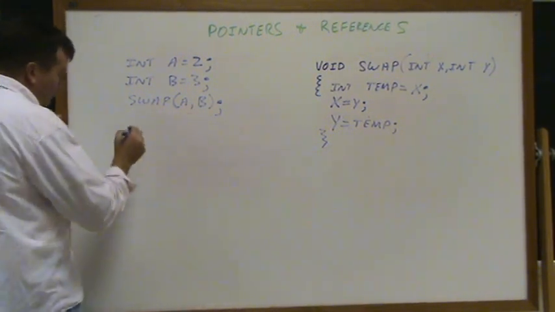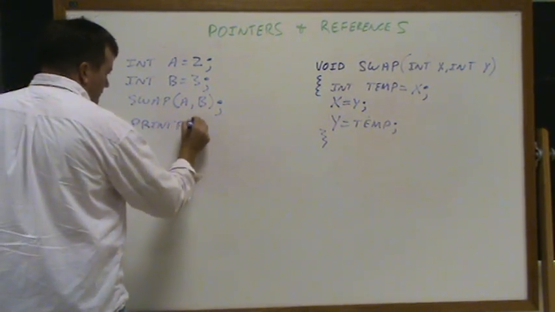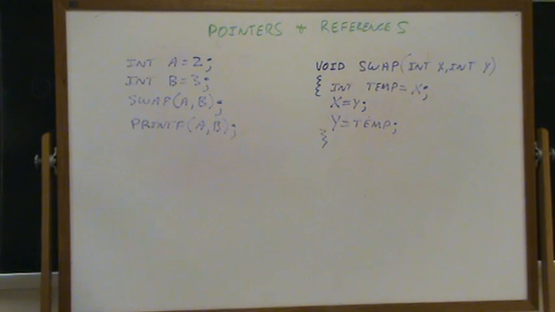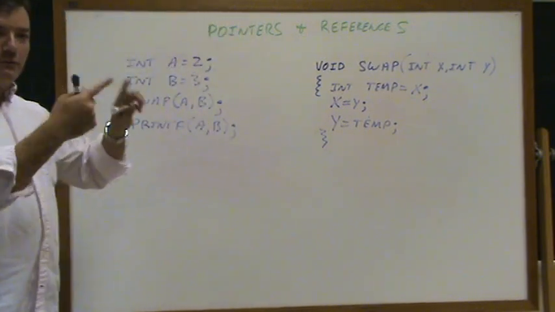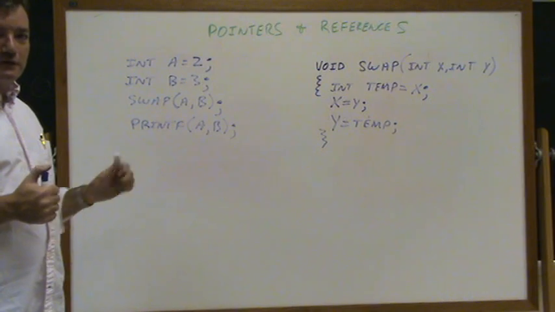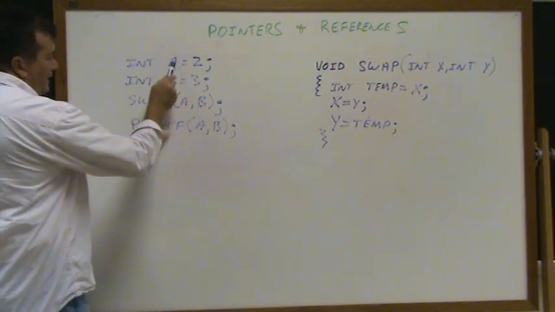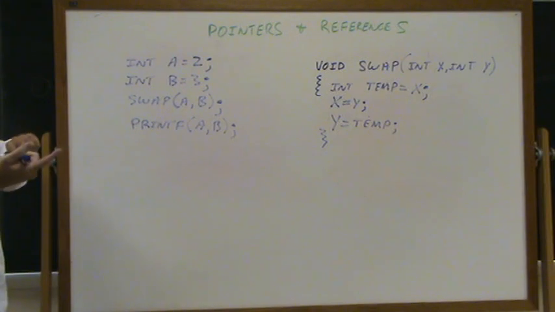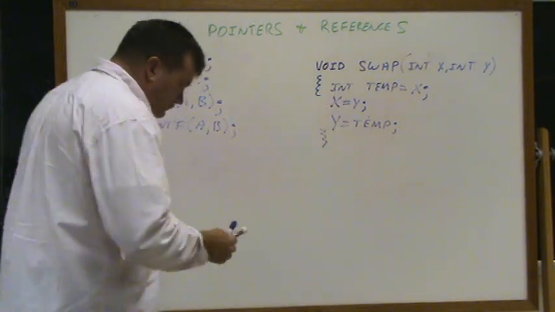Whatever your favorite flavor of print is, in C it's printf, of a and b. Would you expect 3, 2 to get printed out? Obviously the goal of this routine, swap, is that you give it two variables and it swaps them. So if A is 2 and B is 3, and then you call swap, hopefully A is now 3 and B is 2. It uses a temporary variable and copies values over, so let's just trace what happens.